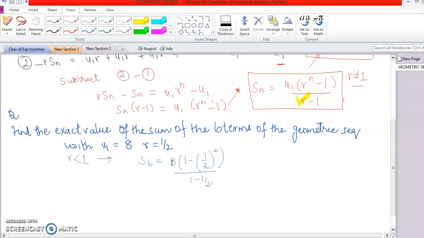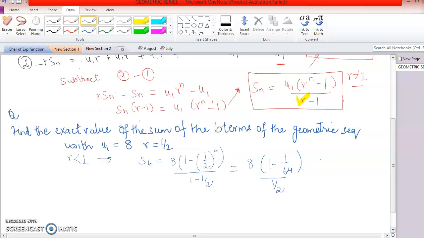So S6 is equal to 8 into 1 minus 1 by 2 to the power of 6 over 1 minus 1 by 2. When we go ahead and solve this, it's going to be 8 into 1 minus 1 over 64 over 1 by 2.